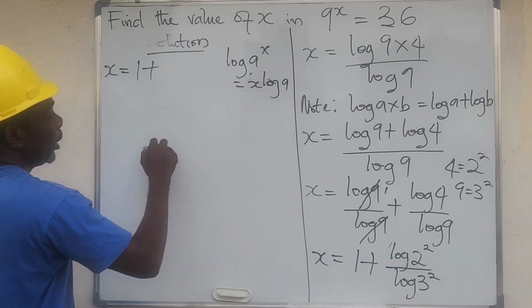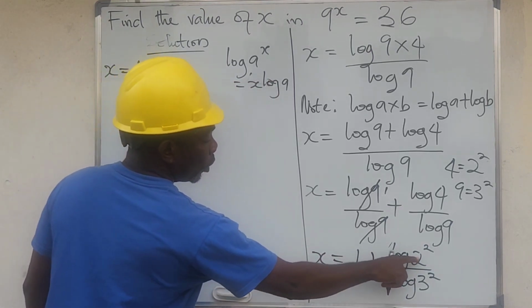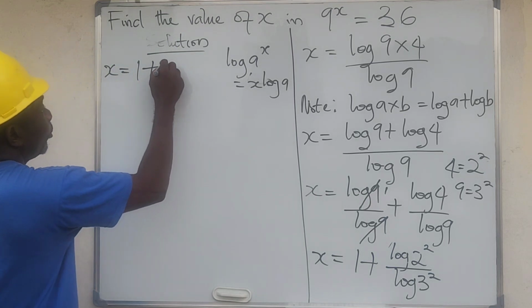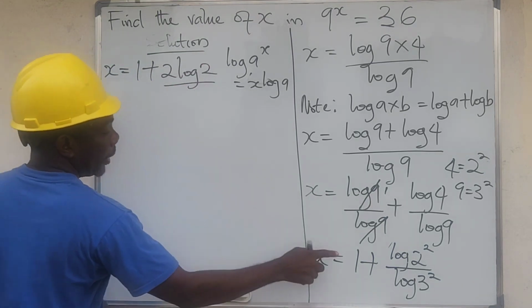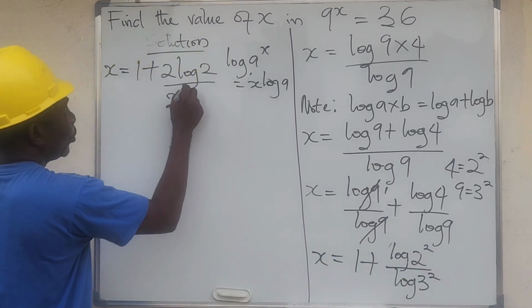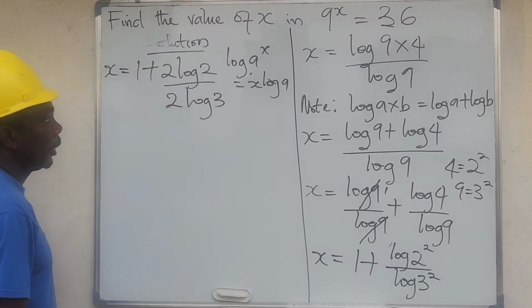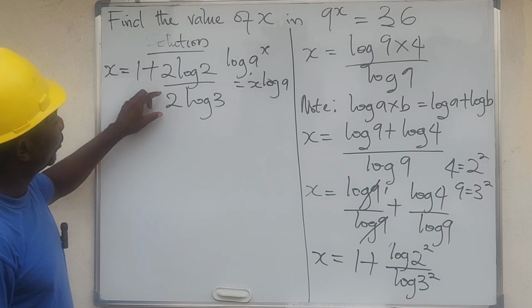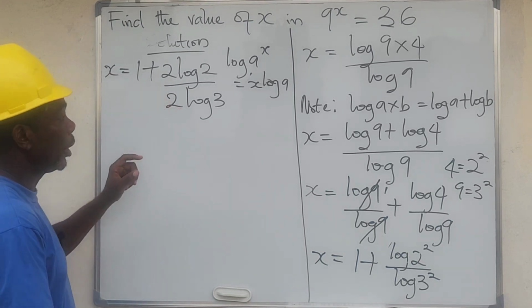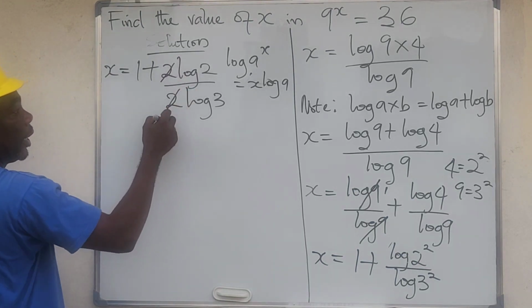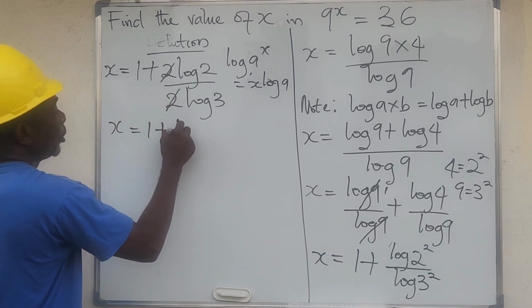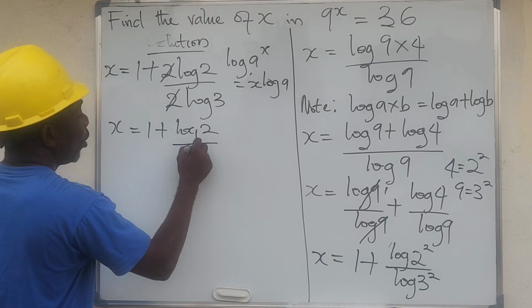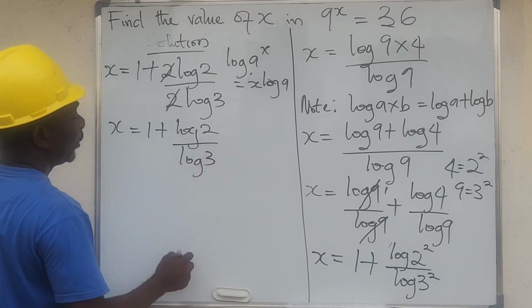Log 2 raised to the power of 2 will become 2 log 2 all over 2 log 3. So we have 2 here and 2 here, and both of them will cancel each other. We are now left with x equals 1 plus log 2 all over log 3.